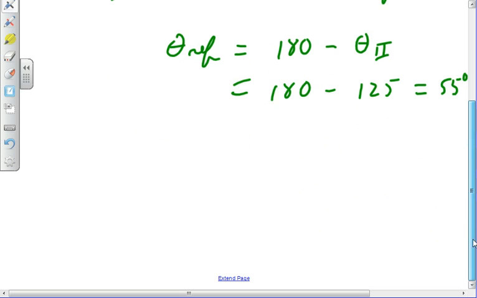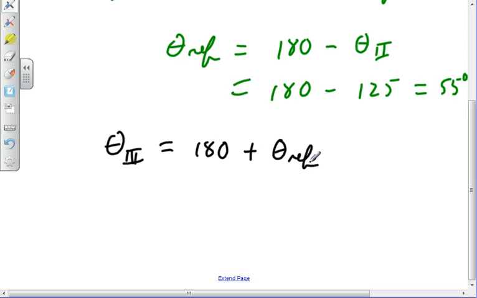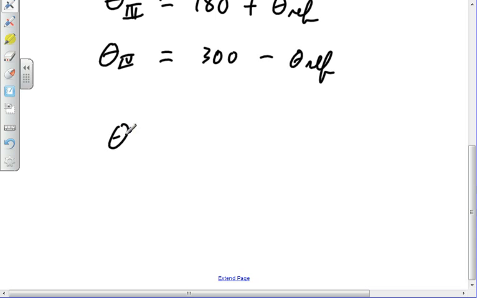Okay, back to what Raimundo was talking about. The angle in the third quadrant is 180 plus the reference angle. And the angle in the fourth quadrant is 360 minus the reference angle. And we could rewrite all of those in pi.